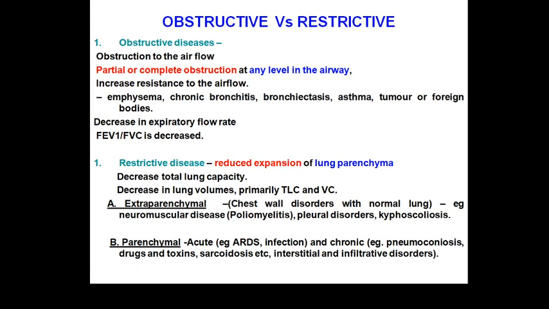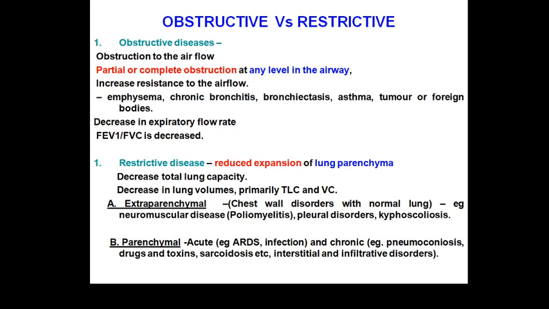So in restrictive diseases there is reduced total lung capacity, while the expiratory flow rate is either normal or reduced proportionately. So this is how we can differentiate between obstructive and restrictive diseases.